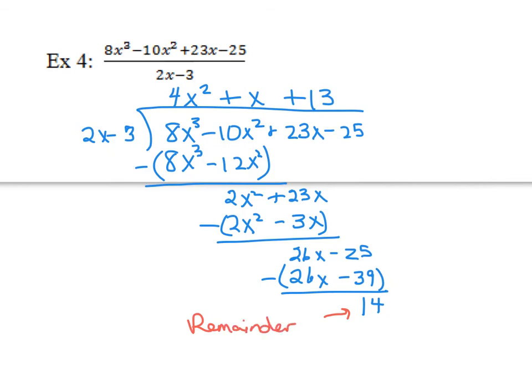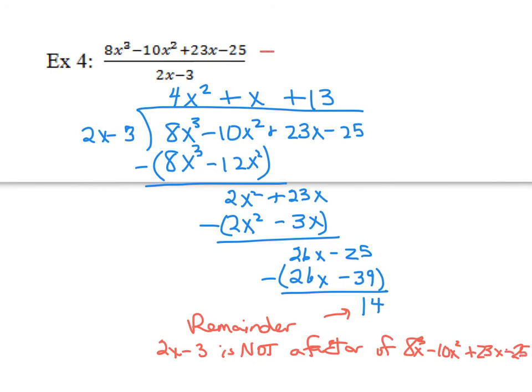So that tells me that 2x minus 3 is not a factor of the original polynomial 8x cubed minus 10x squared plus 23x minus 25.